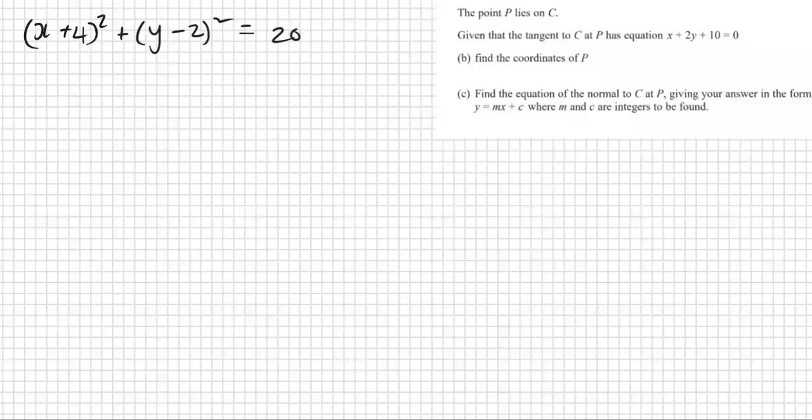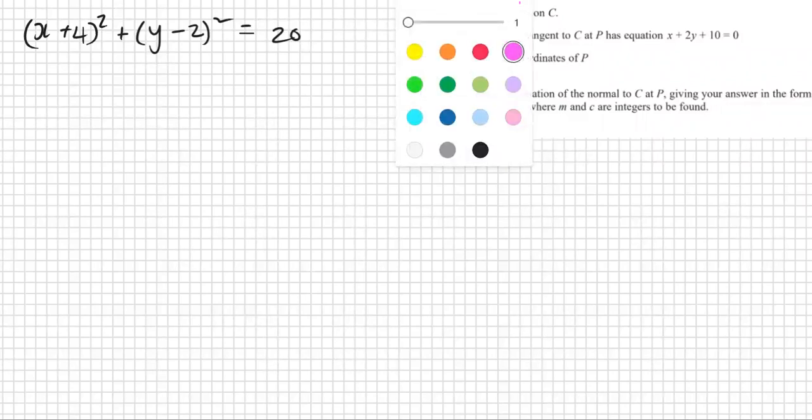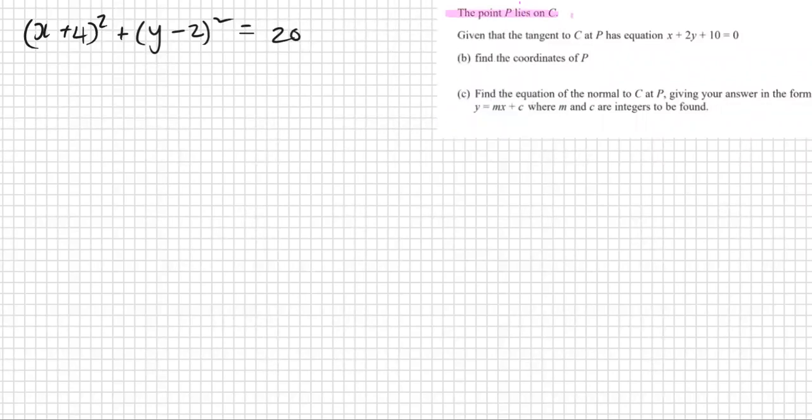Number B, some more information is given to us. It says that the point P lies on the circle, given that the tangent at P has this equation.